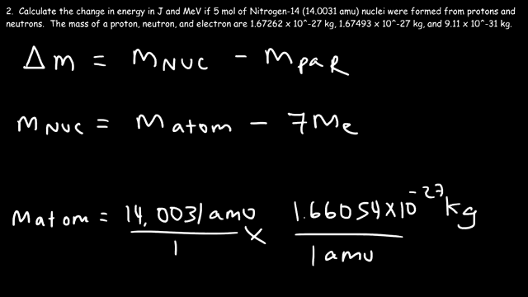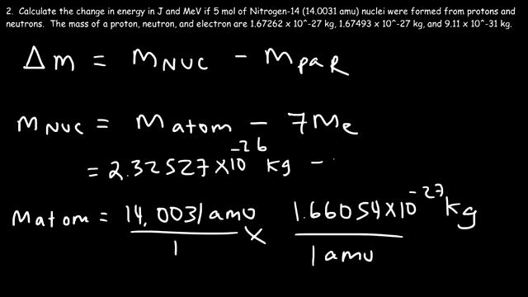So that's not going to change. And so the mass of the nitrogen atom is 2.32527 times 10 to the negative 26 kilograms. And then the mass of the electron is 9.11 times 10 to the minus 31 kilograms.